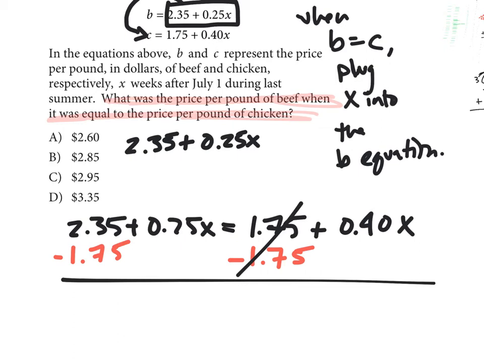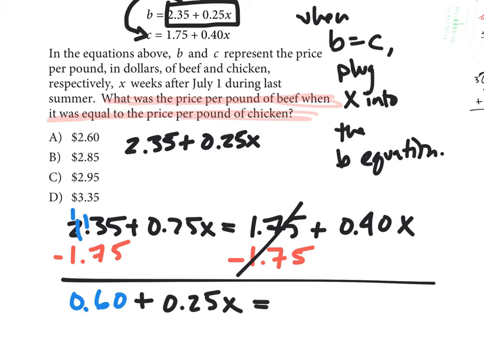This one I had to just do the subtraction. I couldn't do this in my head, so 5 minus 5 was 0. 3 minus 7, carry over from the 2, so 13 minus 7 was 6. And then that became a 1, so 1 minus 1 was 0. So this is 0.60.